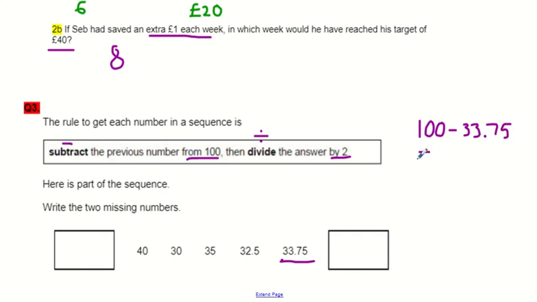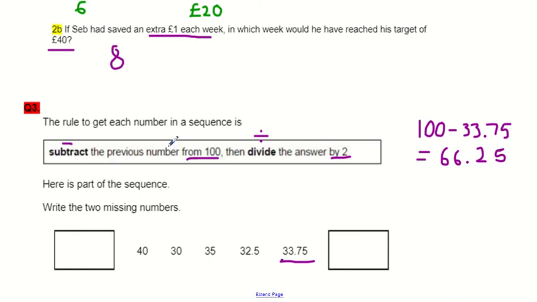Now, I'm not going to show you how to do that, Year 6, because I know some of you will have done that mentally and others of you will have done the formal column method. But hopefully you've all got an answer of 66.25. Now, if you don't have that answer, you need to go back and have another look. Check that you've lined up the digits accurately with the column methods. And if you're still not sure, you can speak to me on Zoom about that one.